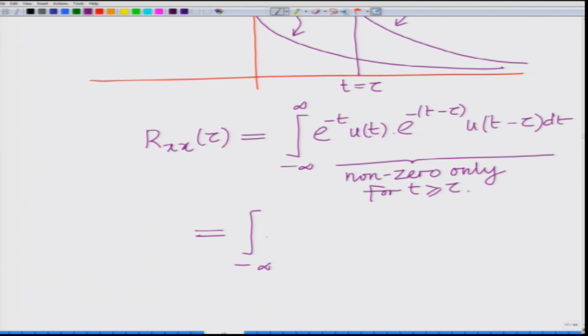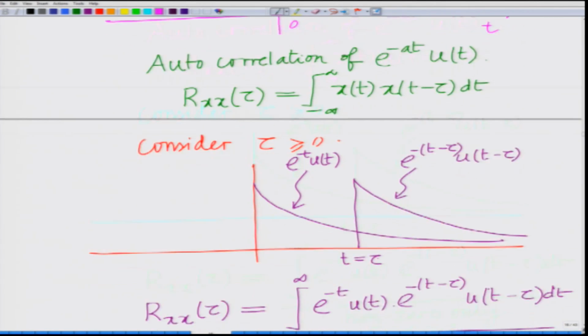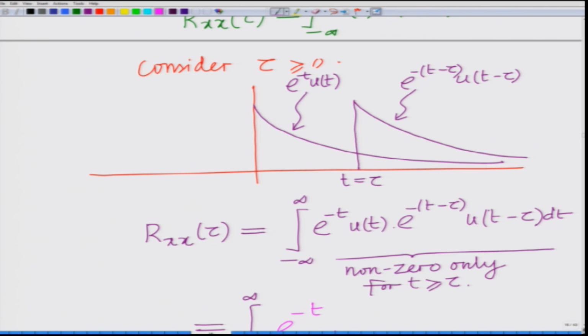Therefore, I can simplify this as the integral from tau to infinity of e to the power of minus a t times e to the power of minus a (t minus tau) dt. Since the product is non-zero only for t greater than or equal to tau, the limits become tau to infinity.